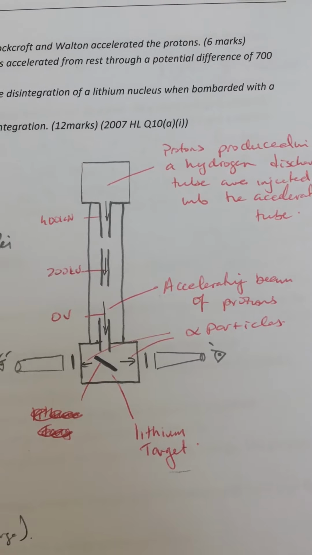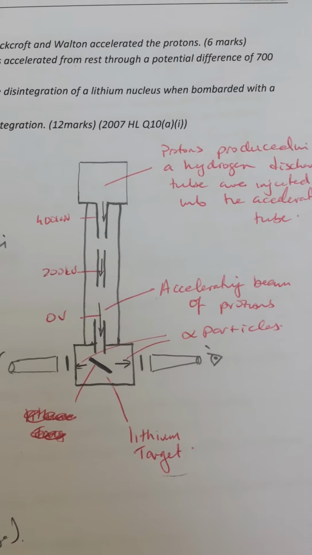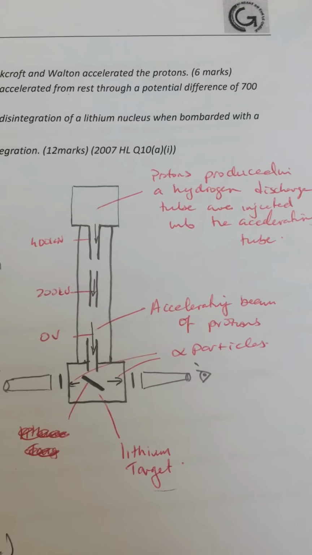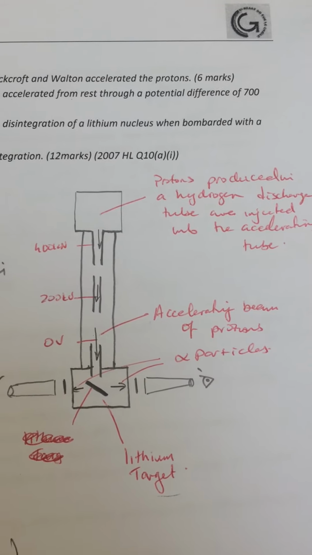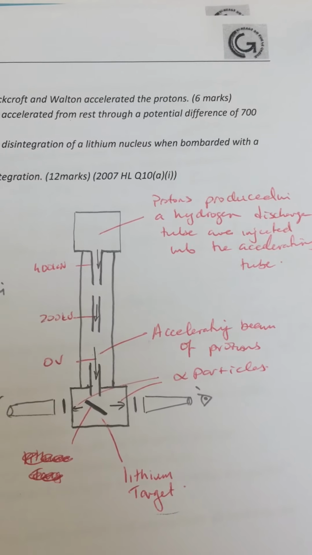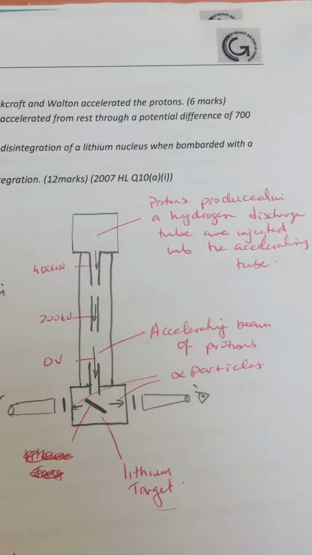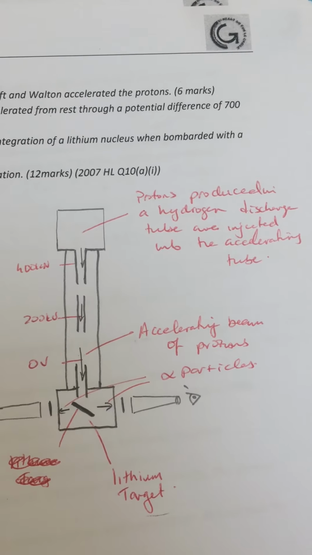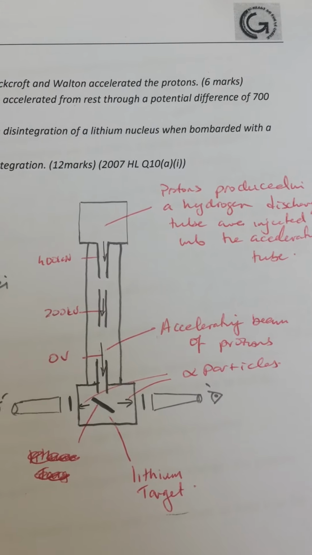setup for accelerating protons. So basically the important things that you needed here, marks were given for an anode and cathode in the tube, a lithium target and 2 helium nuclei, and for showing the high potential difference.